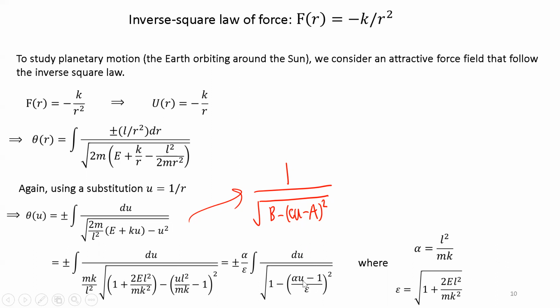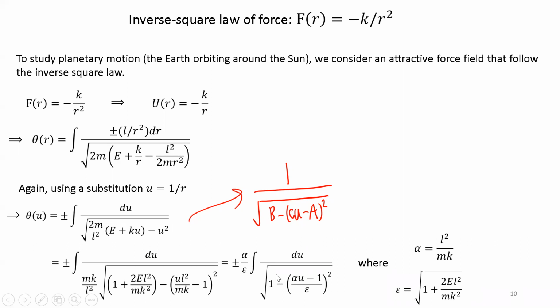So the variable is this u over here. From this point to all this, I believe you can just try to work it out one time by yourself, just taking common factors and completing the square. From here to here, that's all it's about.